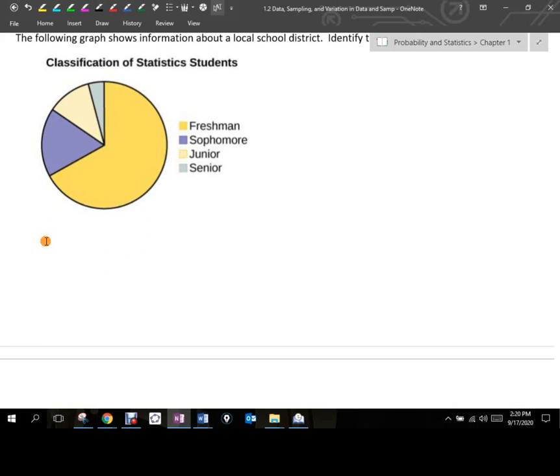When we look at the next image here, it just says the following graph shows information about a local school district. Identify the type of data. From just what we're given there, what do you think that data is? Is it quantitative, being numerical, or is it qualitative, being more descriptive?